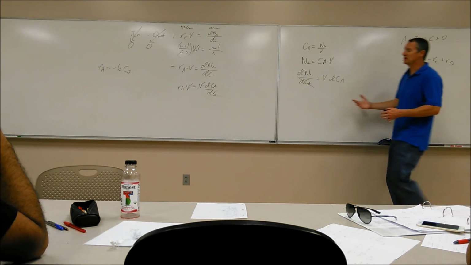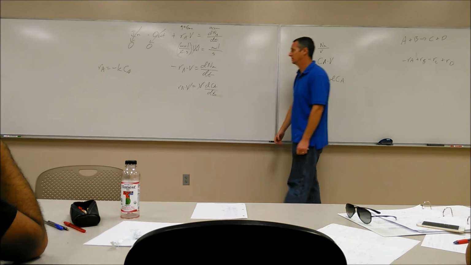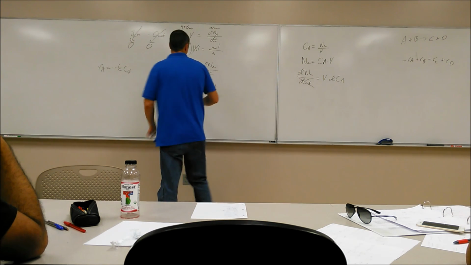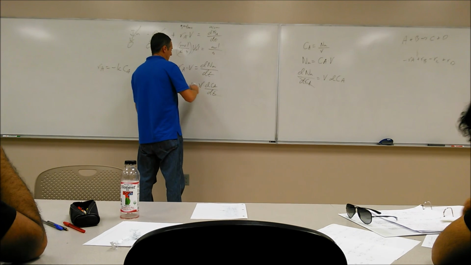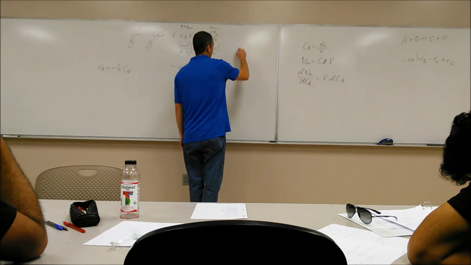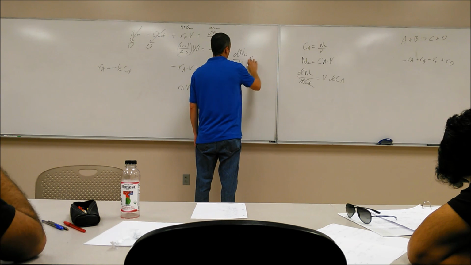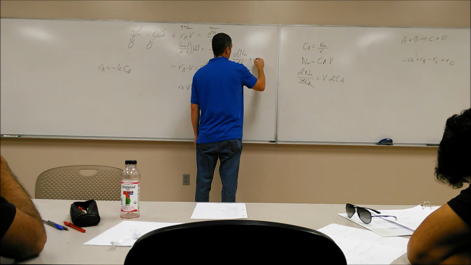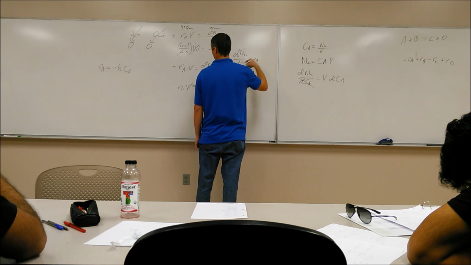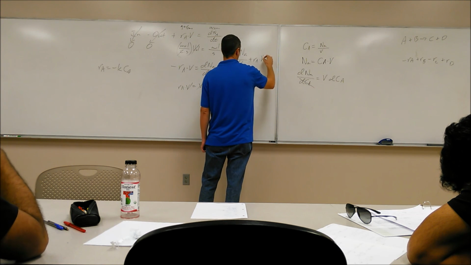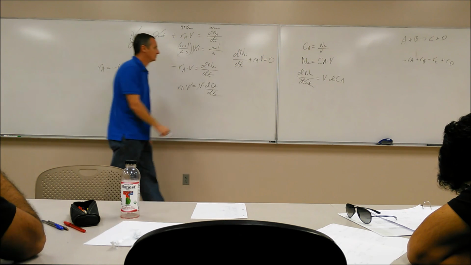Also, it depends on what side of the equation you're on. Say I write dNA/dt, generically plus RA times volume, equals 0.